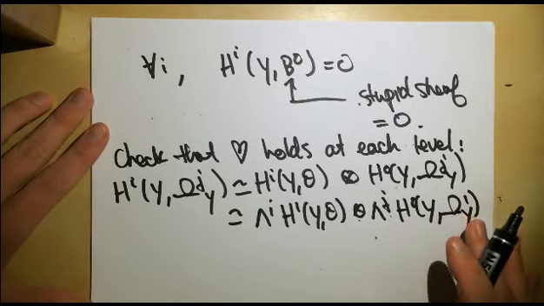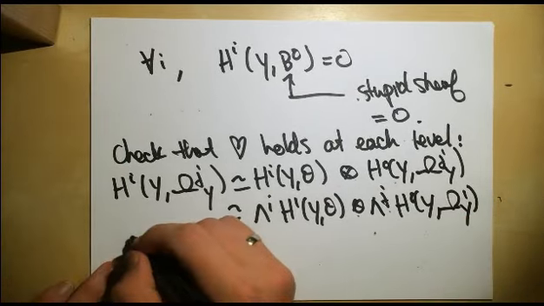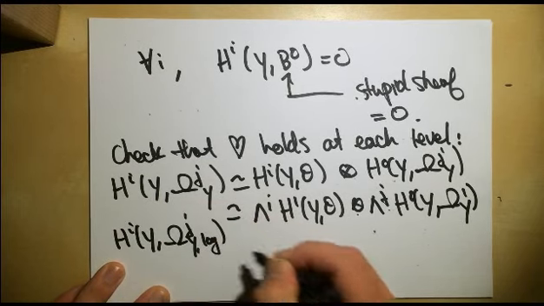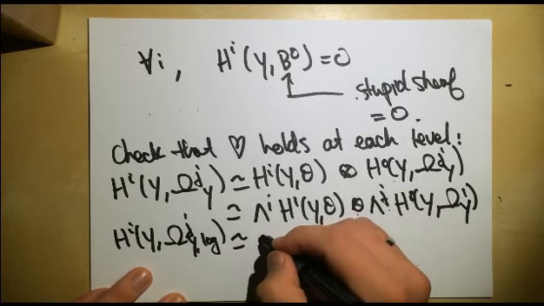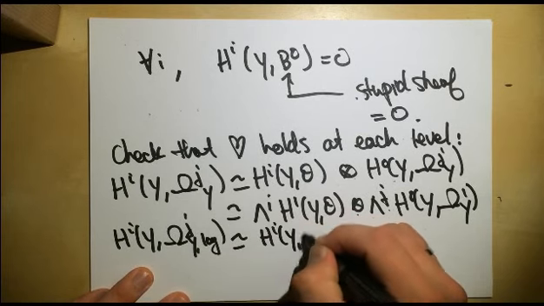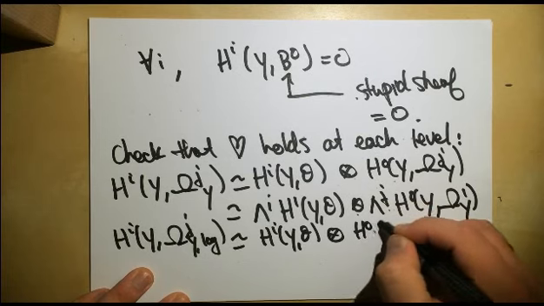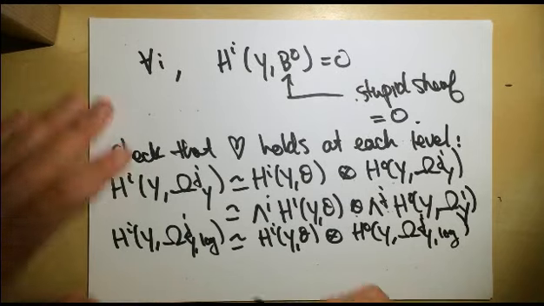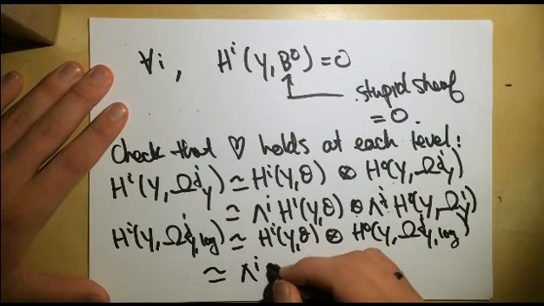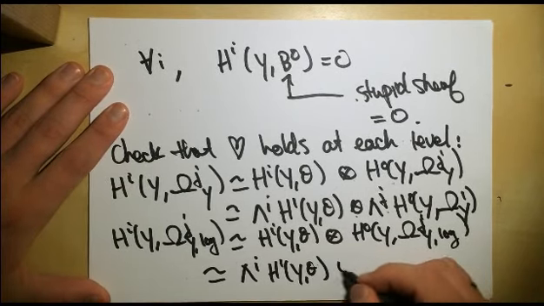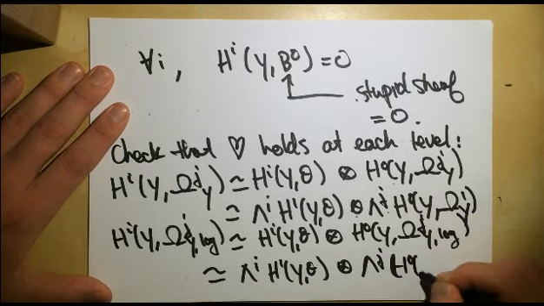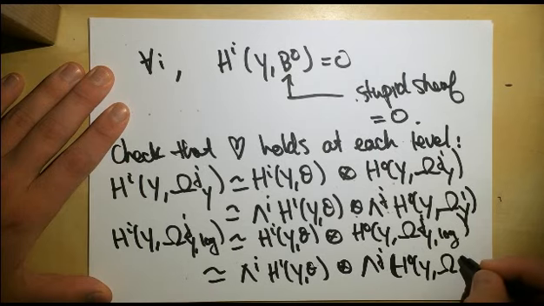Okay, so we have this dimension here. Similarly, we're going to have that H^i y omega^j y, and then we do it with log. So this is the same thing. I'm going to break this up the same way. Y omega^j y log. Okay, and now this is the ith wedge power, and then we have the jth wedge power, H^0 y omega^1 y log.